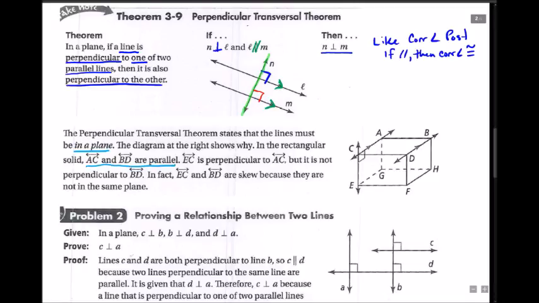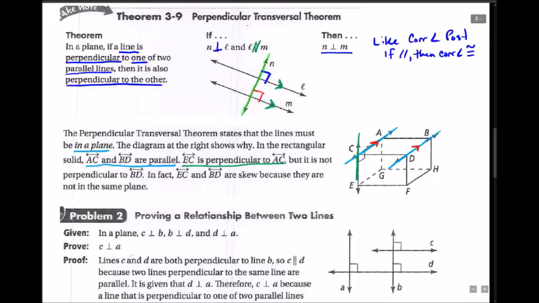If we look at these lines, line AC and BD, and we know that those lines are parallel. And we have this plane up on top here. And then we look at line EC.